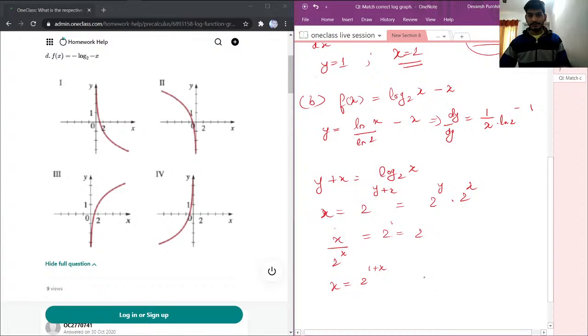I will take natural log on both these sides and it will become ln of x equal to 1 plus x 2. Then again I have ln of x minus 1 plus x equal to ln of 2.